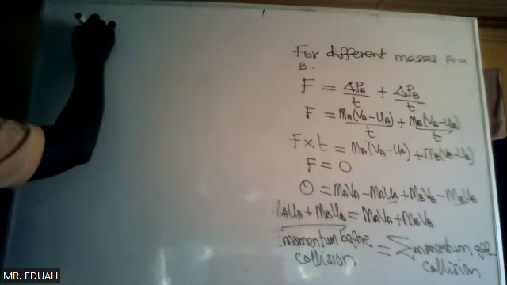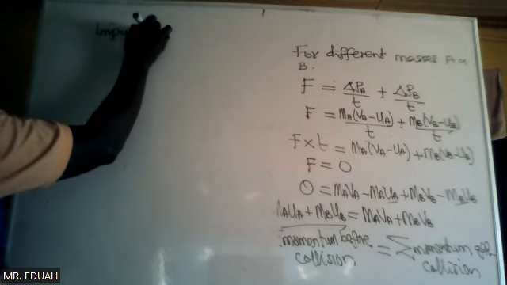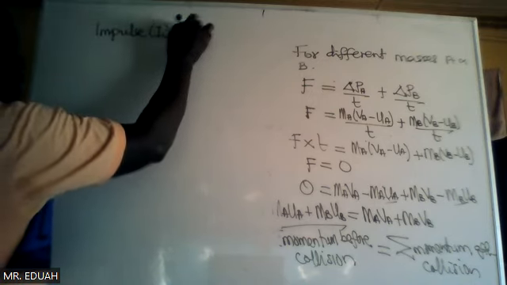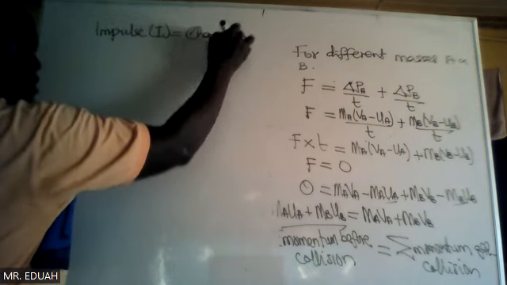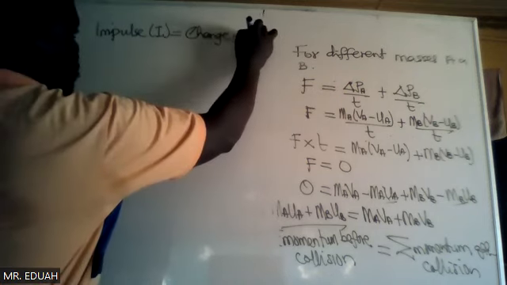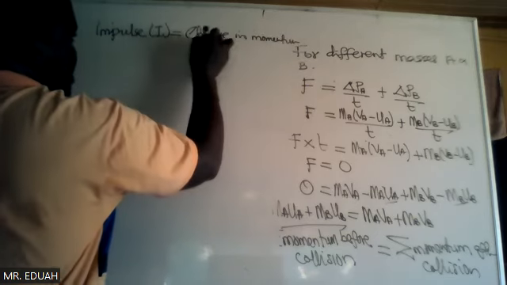So we said impulse I is equal to the change in momentum, delta P.